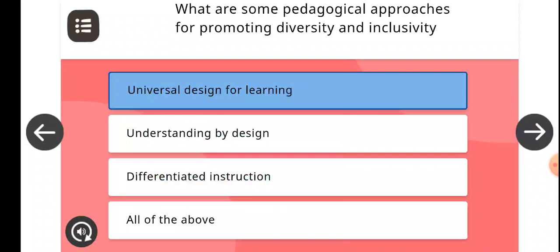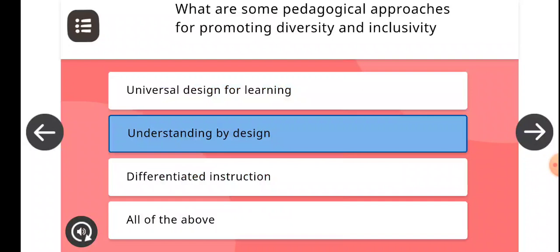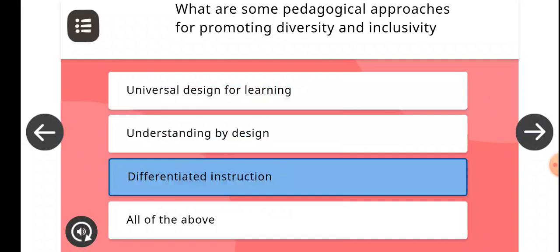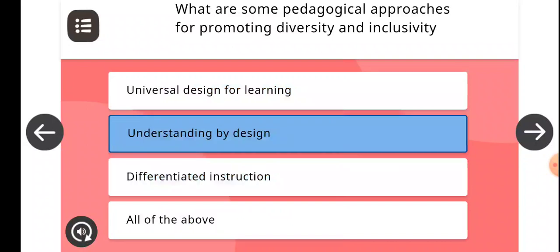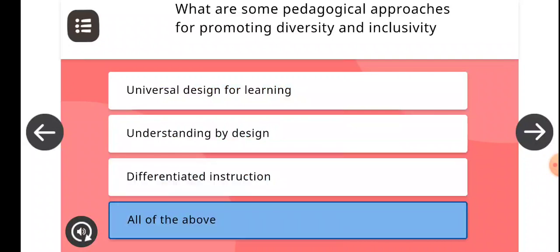It seems all three options are right. Universal design for learning is helpful to promote diversity and inclusivity. Understanding by design is also helpful. Differentiated instruction is also useful. All of the above are the right answers, so the answer is D.